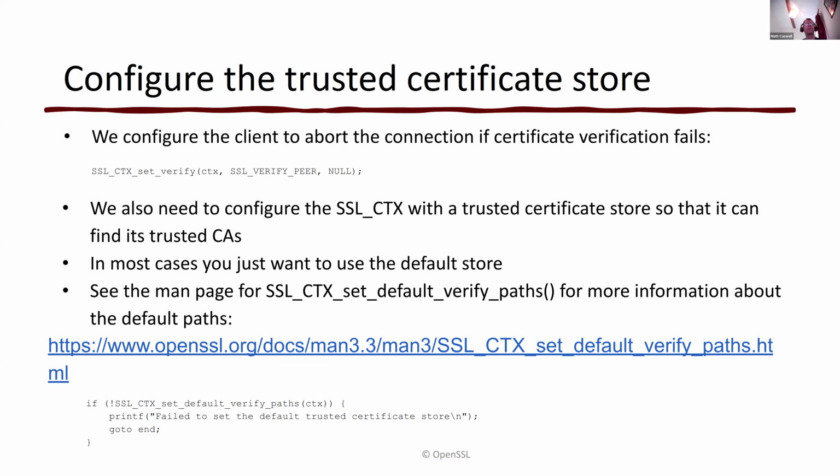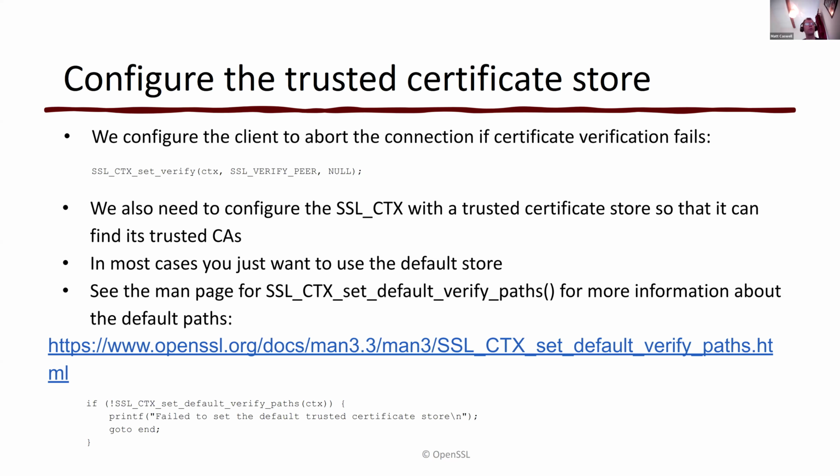So in our TLS client application, we need to configure that client to do the verification and abort the handshake if the verification fails. It's an important part of the TLS protocol that we don't want to talk to a server unless we can verify it is what it says it is.